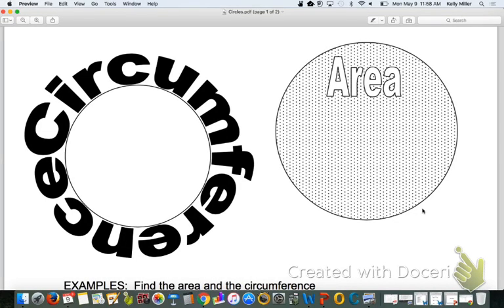Circumference of a circle. How do we find it? Circumference formula? You guys don't remember how to find circumference?